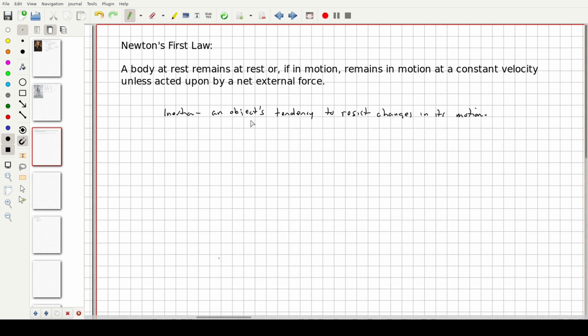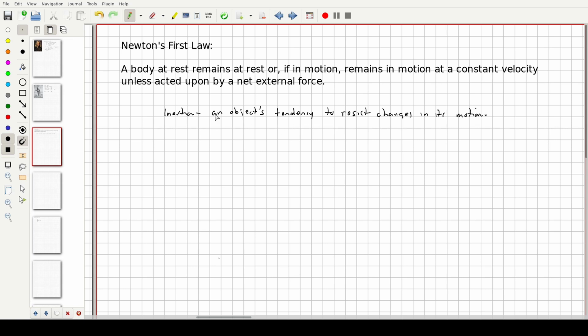So, as an example, let's pretend that you had a car and you needed to push it, say, off the side of the road or something like that. Well, you know that getting the car started rolling takes a lot of work. And that's because the car has a bunch of inertia. So you push on it, you exert a force on it to change its motion.